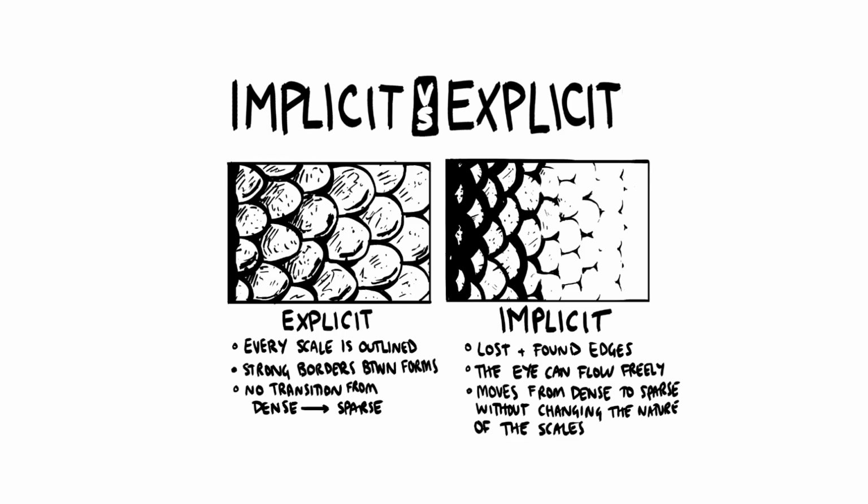Everything here is defined, it's got very deep shadows, but everything is kind of outlined. Although they're not outlines, they are shadows, there's a difference. But then as you move to this side, those shadows are starting to recede. And all of a sudden, we're just getting the barest of lines. So there's very little line work on this side, but it still reads as having the same number of scales as there were on this side.